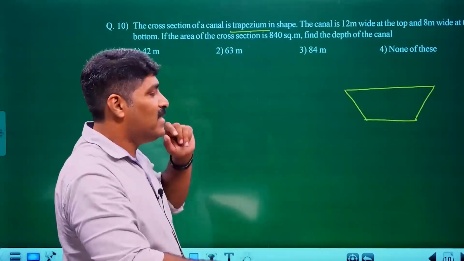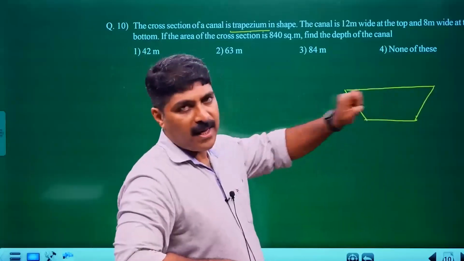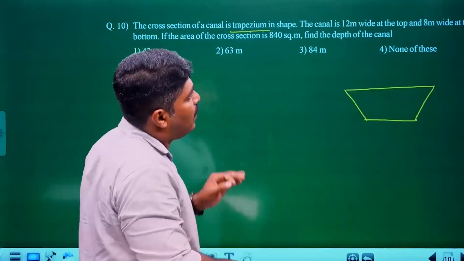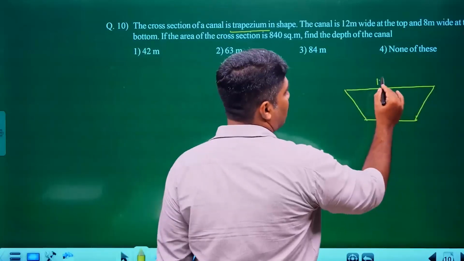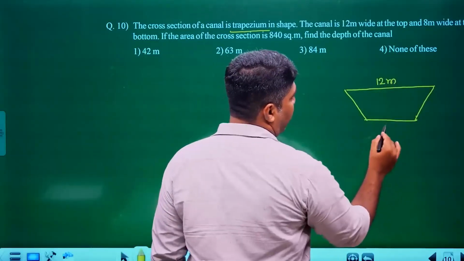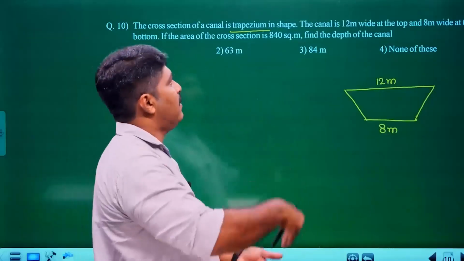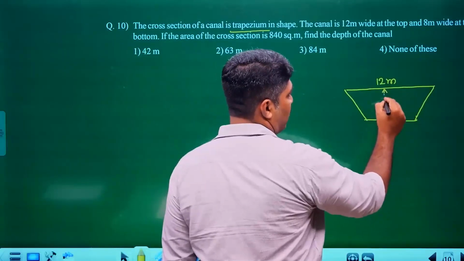So here, what is the peculiarity or the nature of this trapezium? Here these two sides are parallel. And it is given that the canal is 12 meter wide at the top. So here this width is 12 meter and 8 meter wide at the bottom. And the depth of this canal is simply this one.